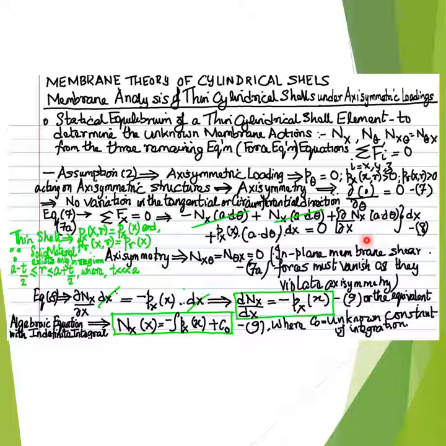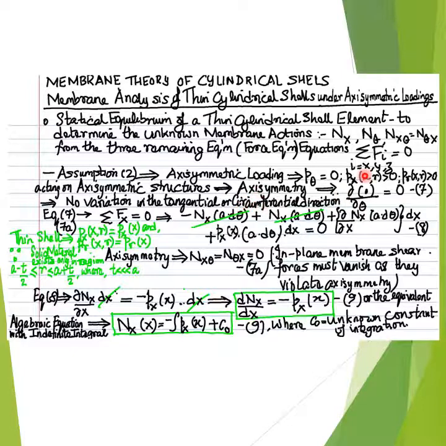Since all the variational terms that involve variation of any physical quantity in the tangential or circumferential direction theta are substituted or specified as 0, as mathematically derived in equation number 7.